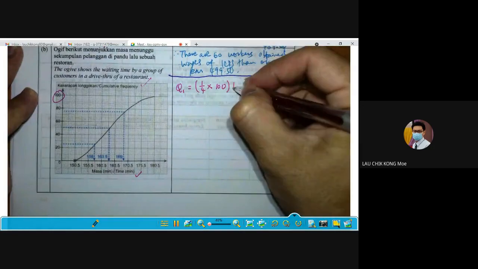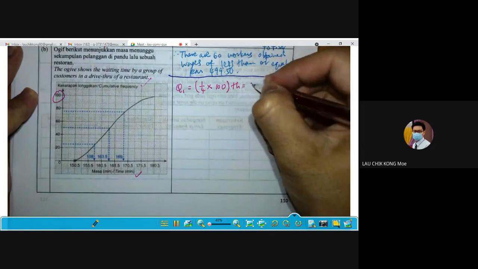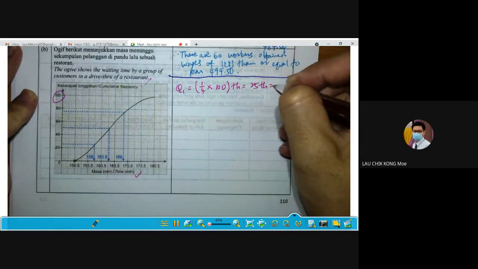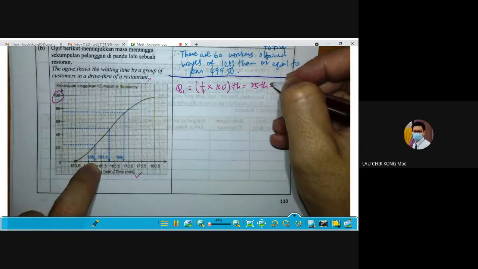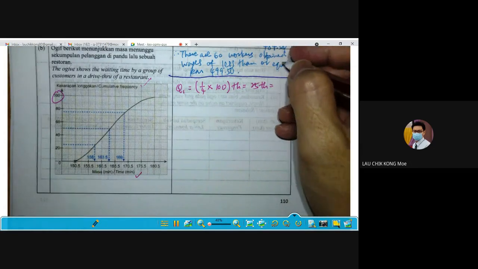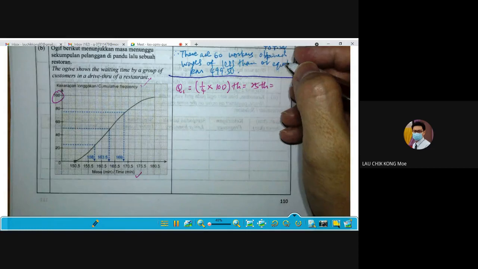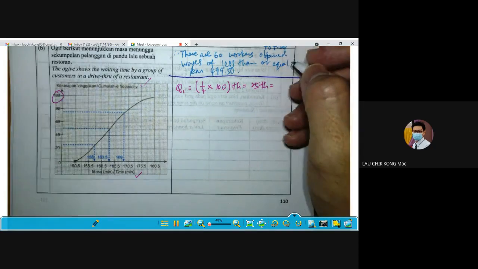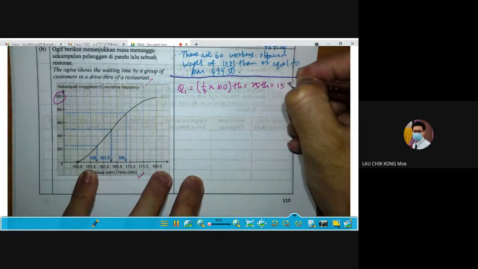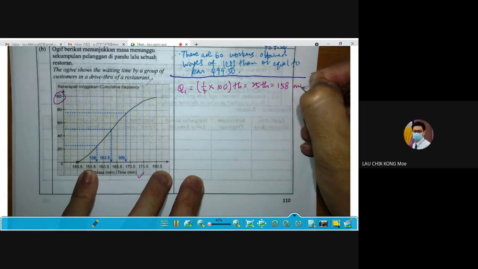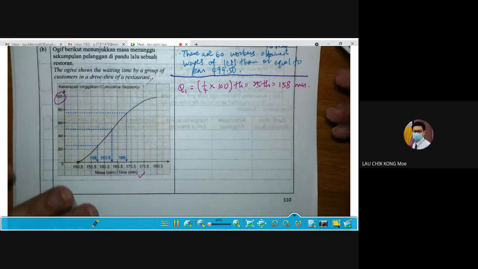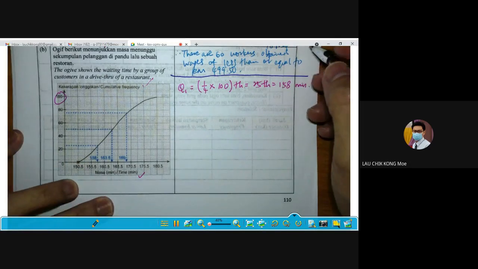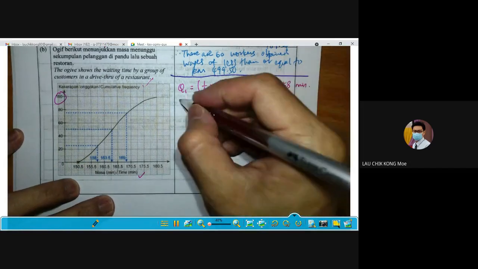Okay, 25 TH. So you will get 25 TH. 25 TH already given here, right? So you're going down, you will get 158, is it? Yeah. This is 158 in minute, right? So unit is minute lah. Tadi itu ialah RM, unit. So you write down, there are 25 customers.